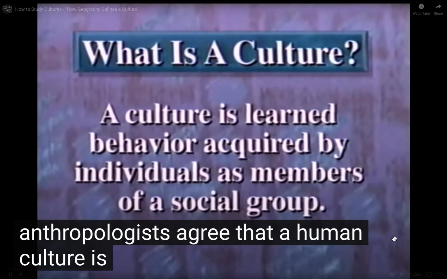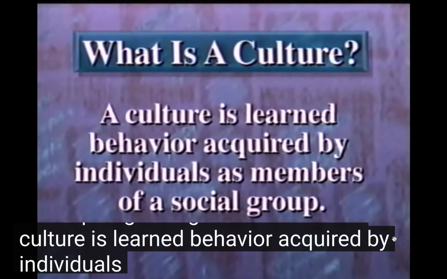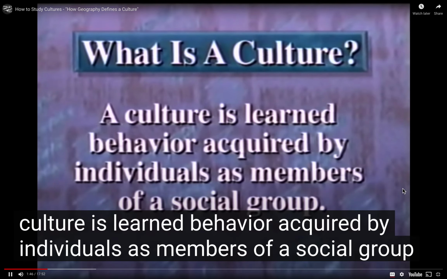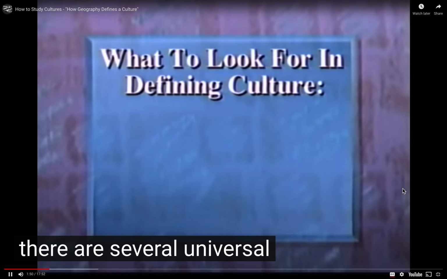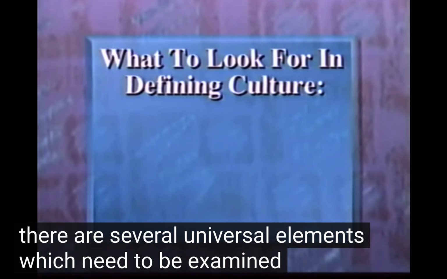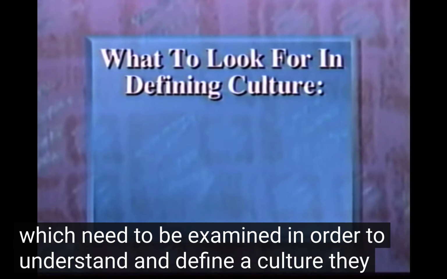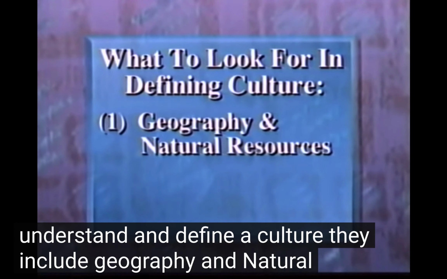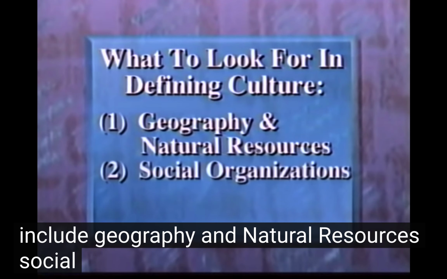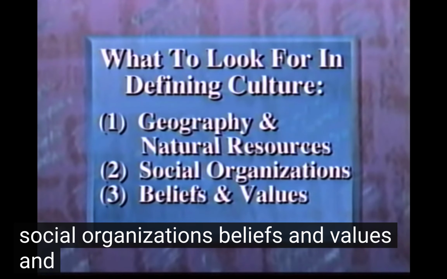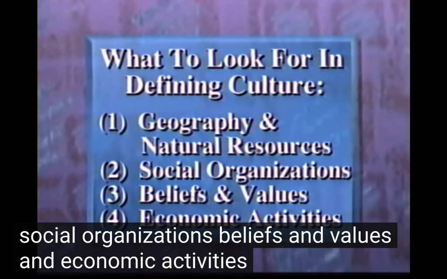Most anthropologists agree that a human culture is learned behavior acquired by individuals as members of a social group. There are several universal elements which need to be examined in order to understand and define a culture. They include geography and natural resources, social organizations, beliefs and values, and economic activities.